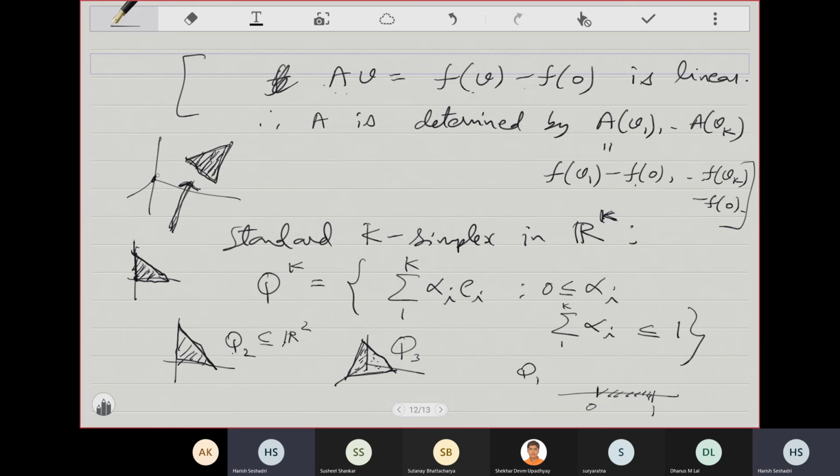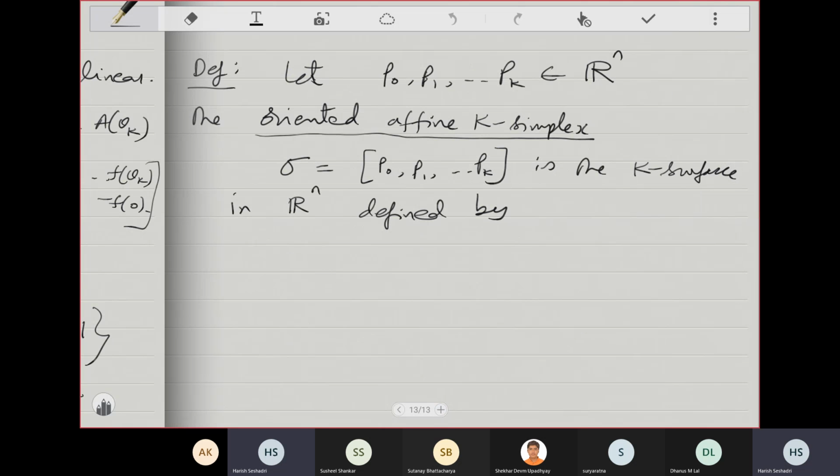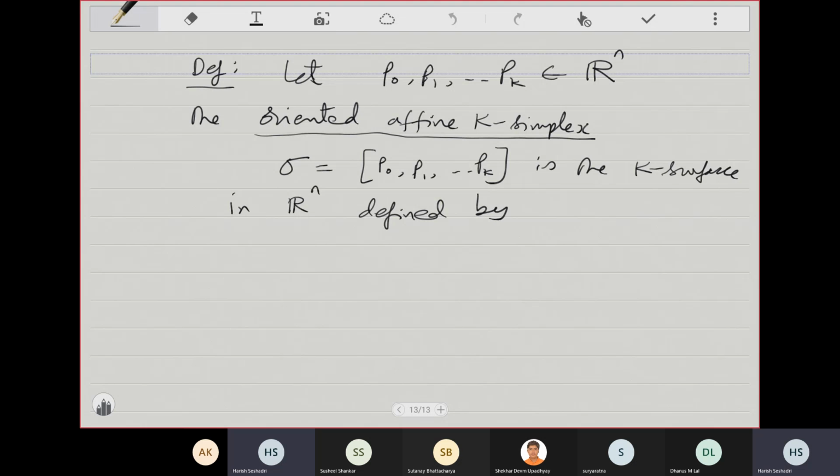So you will get some triangle in R3 whose one vertex will be still 0. If I want to get rid of that vertex being 0, the natural thing to consider is an affine map, and that's what we'll do. Next best thing to linear is defined by the affine map.